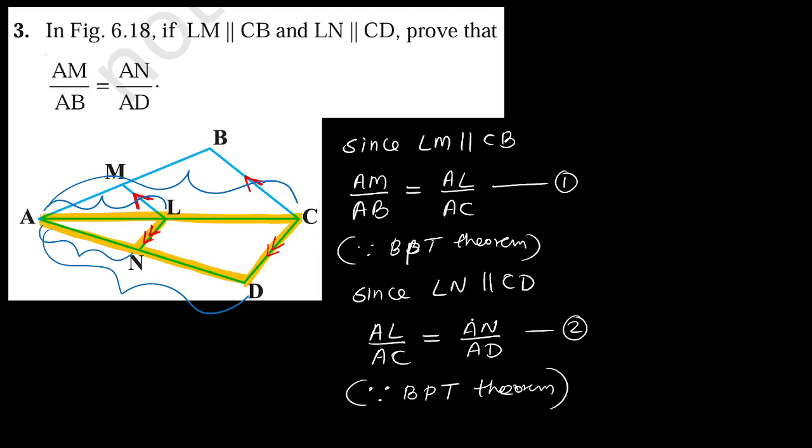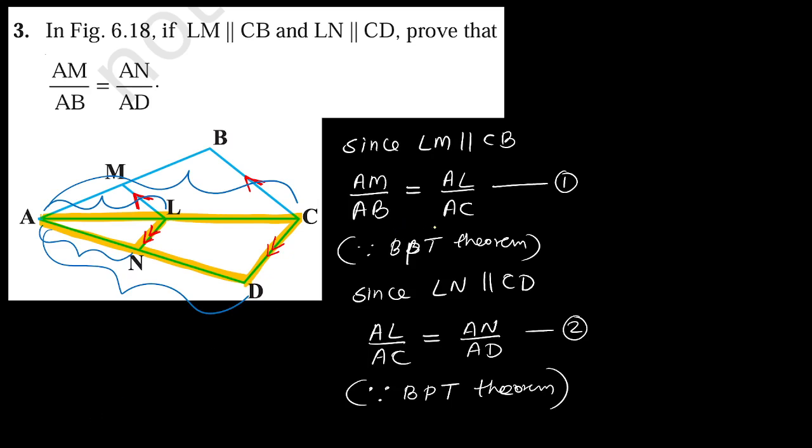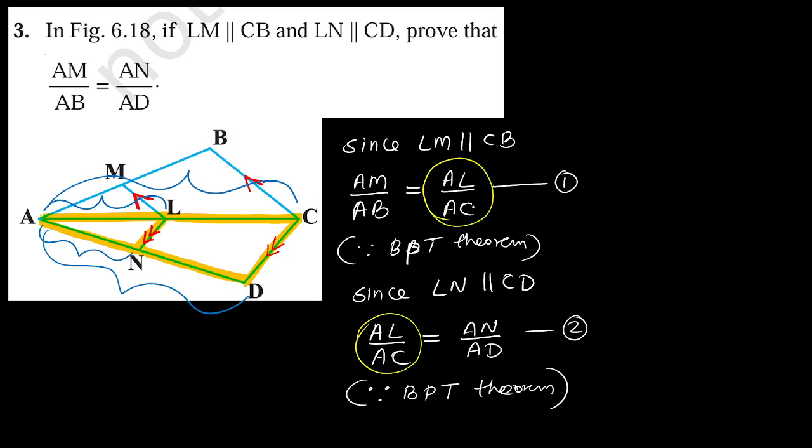Look at 1 and 2. You can see that 1 and 2 are identical. Here AL by AC, here also AL by AC. Equations 1 and 2 contain the same term.